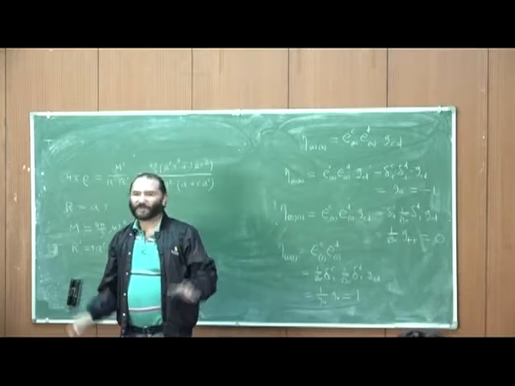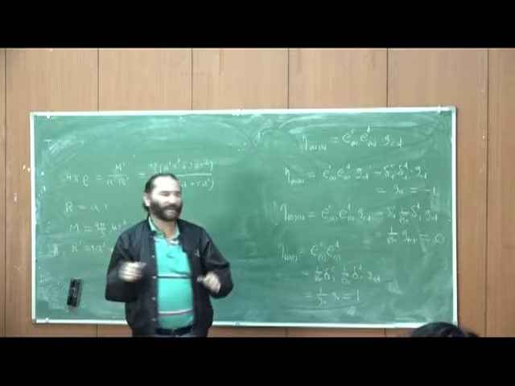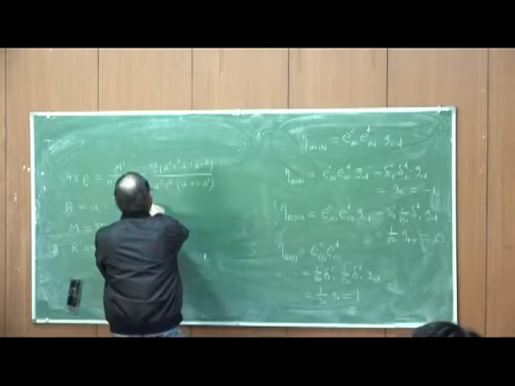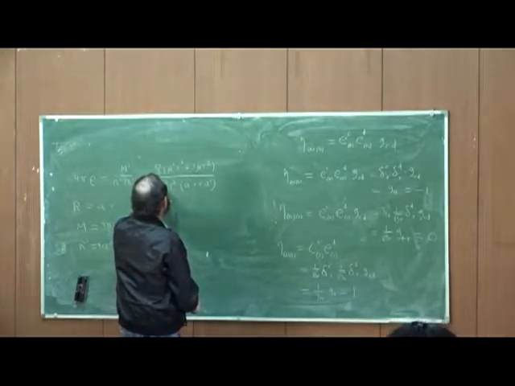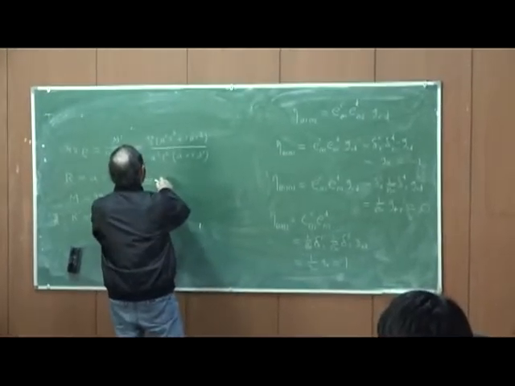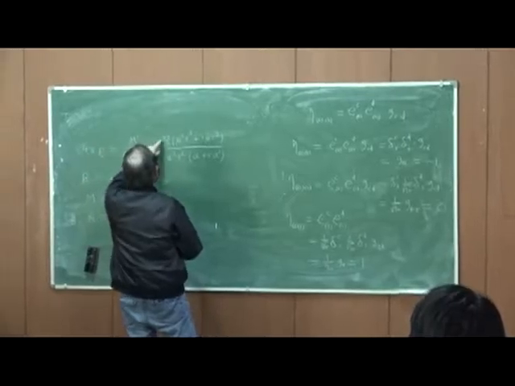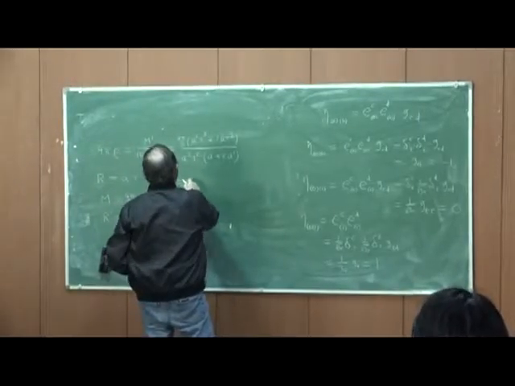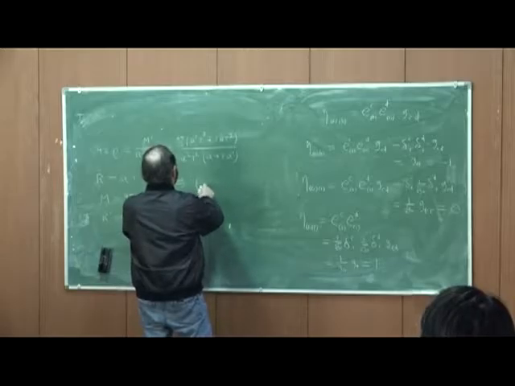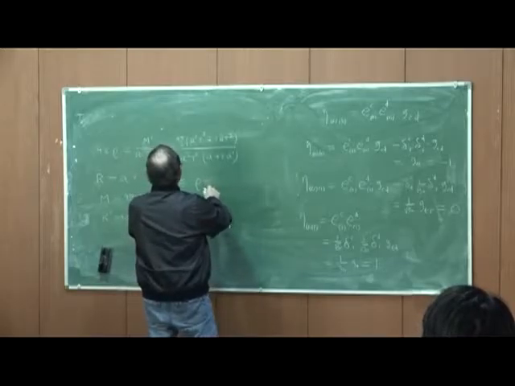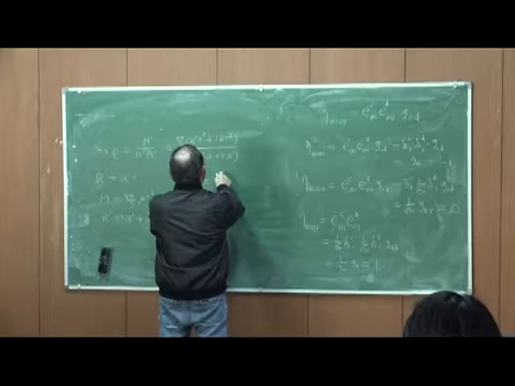Right? Just substituting. Then we can take 1a outside, and then the 4 pi's go. So it is 1/3.